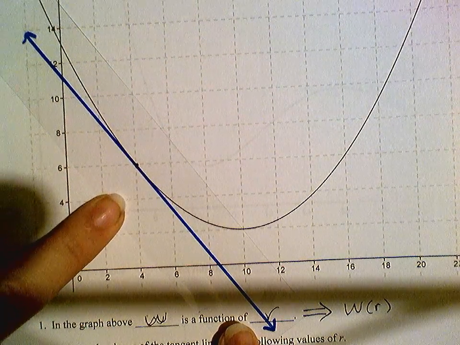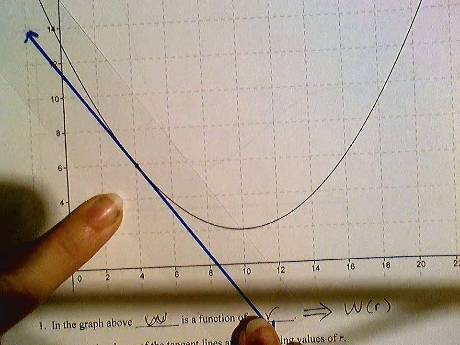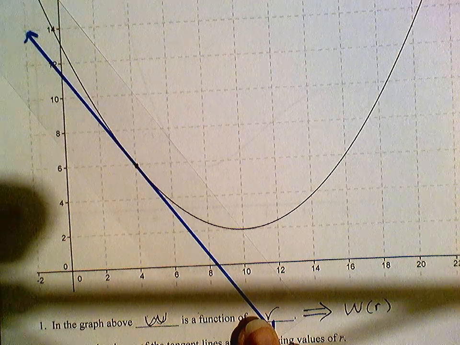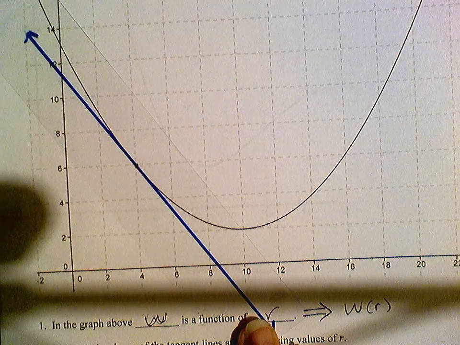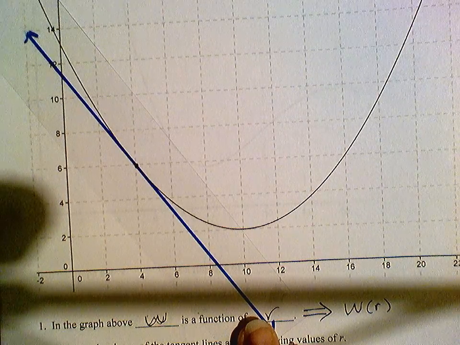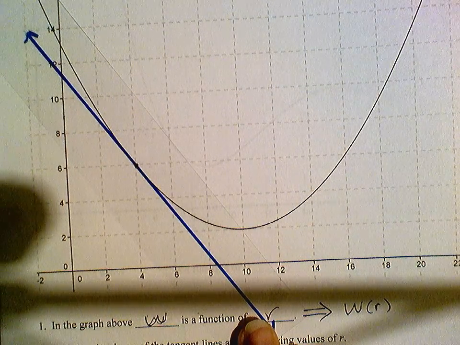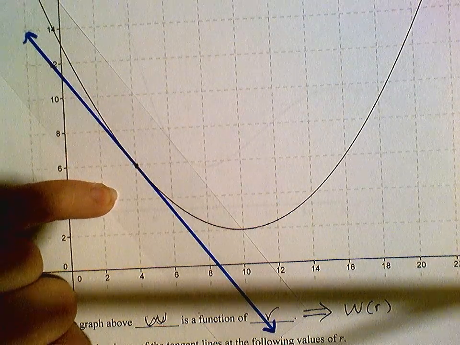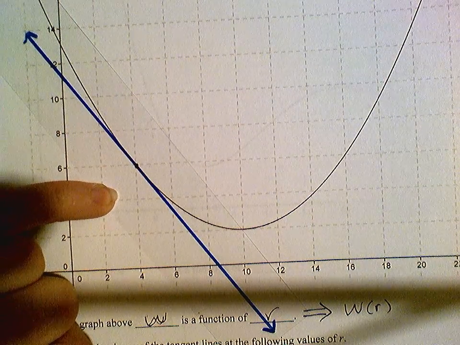The first thing that's important to notice is that on this graph the inputs and the outputs are going up in increments of 2. The scale is 2. So when I'm counting rise over run, I have to keep that in mind.